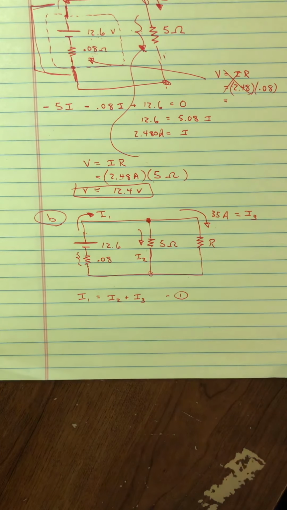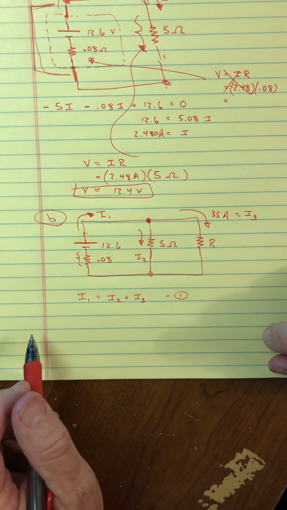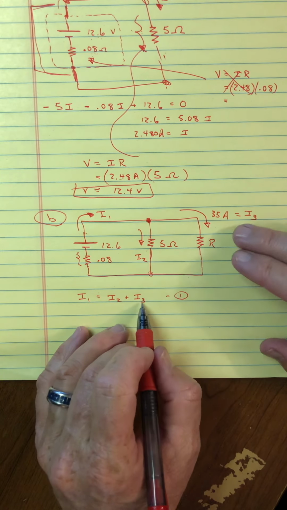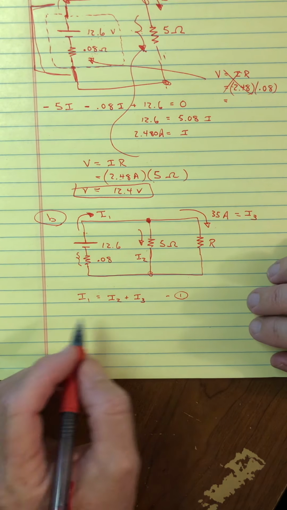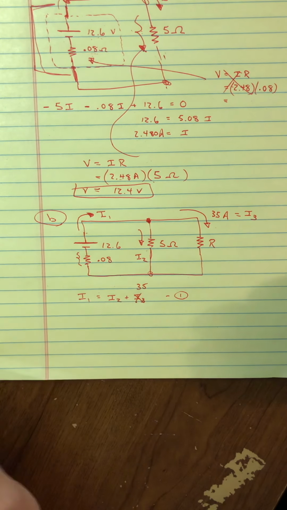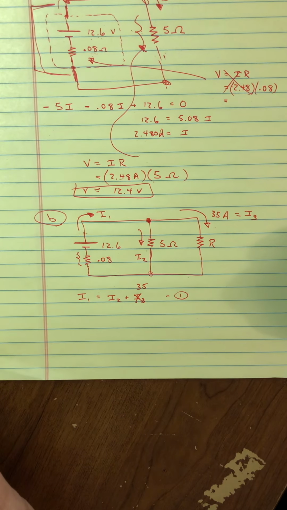Current in equals current out. Okay, and that's conservation of charge. Now, we actually know this current number 3, so maybe I'll just cross that out and put 35. Okay, so we have just 2 unknowns.